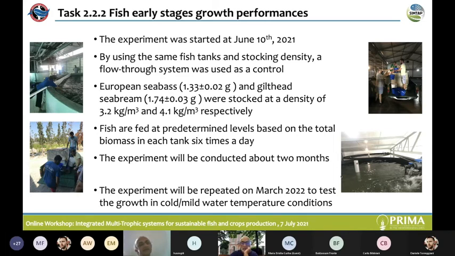After the experiment, the system will continue with a grow-out period for the sea bass and sea bream during 8 months. The fish early growth stage experiment will be repeated in March next year to test growth in cold water temperature conditions.